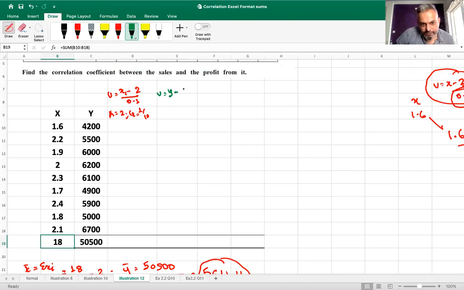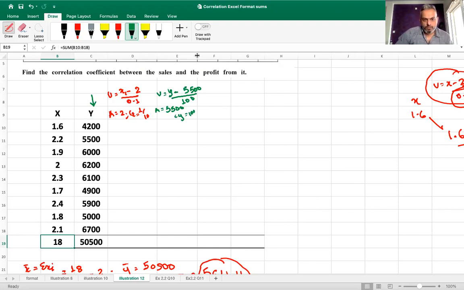So I'll take 5500 upon. Now all of these numbers in the y column are multiples of 100. You saw that 2000 is common in all. So upon 100. So a is equal to 5500 and c of y is equal to 100.